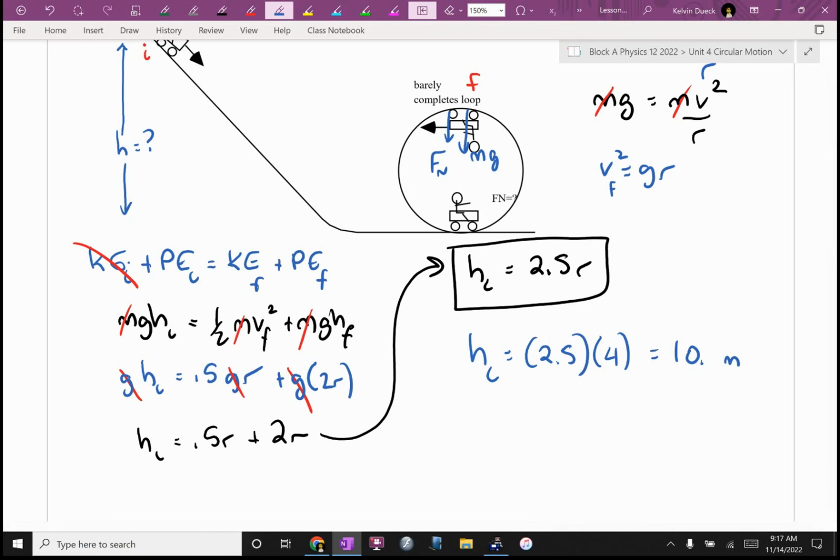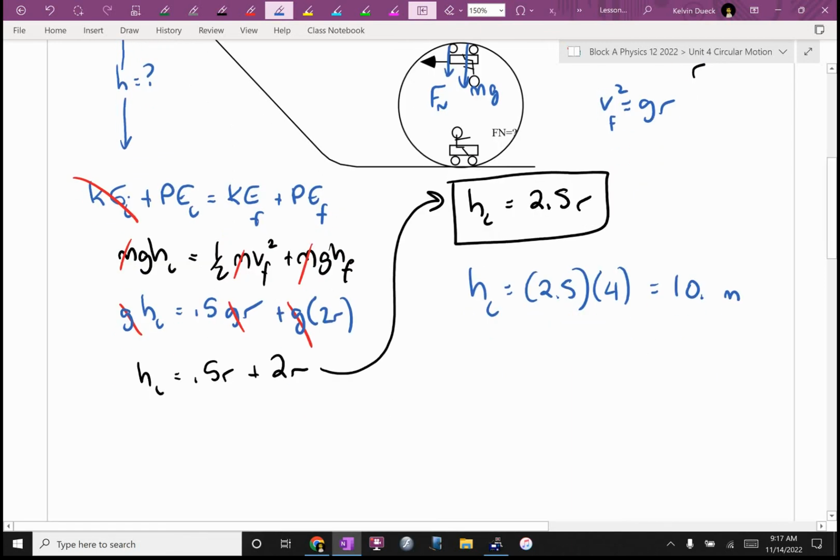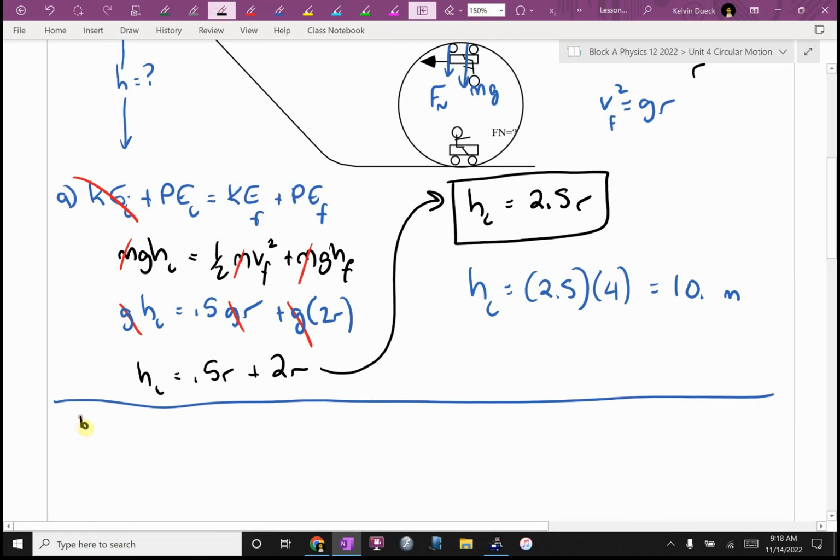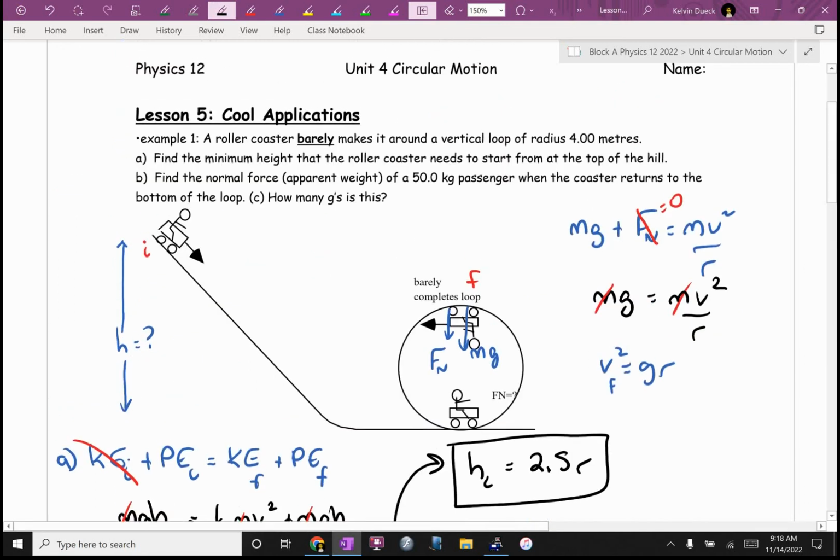Don't turn the page yet, because there's a part B. So let's put a little part A right here, and B. What does B want me to find? The normal force.